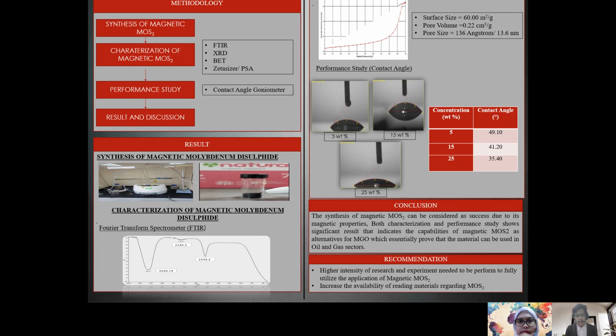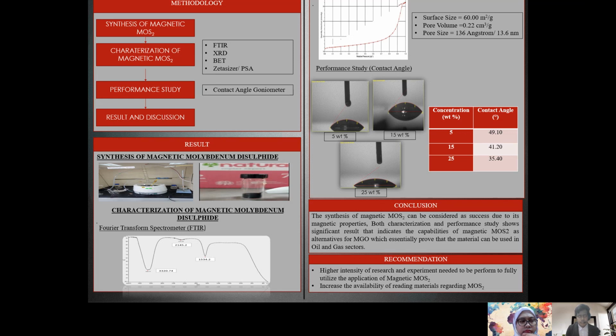Okay. The first analysis is used to compare the structural changes or functional groups between magnetic MoS2 and magnetic graphene oxide. As I read through journals and past studies, magnetic graphene oxide also shows OH bending in its crystal structure. Okay, the next one will be 2145.2.